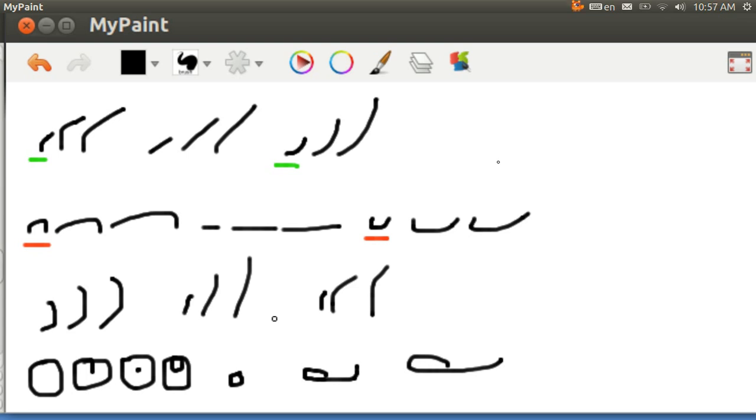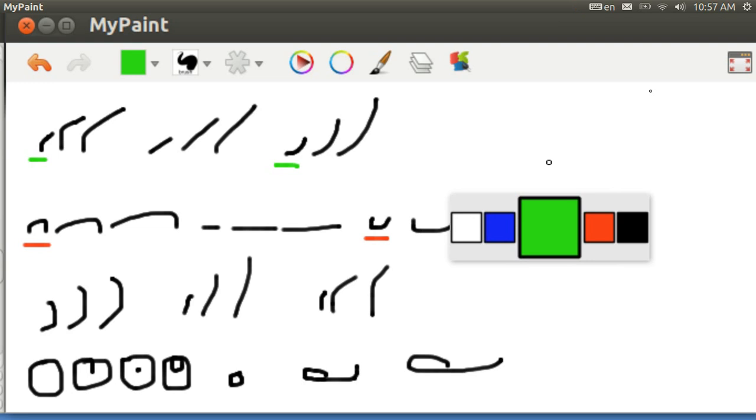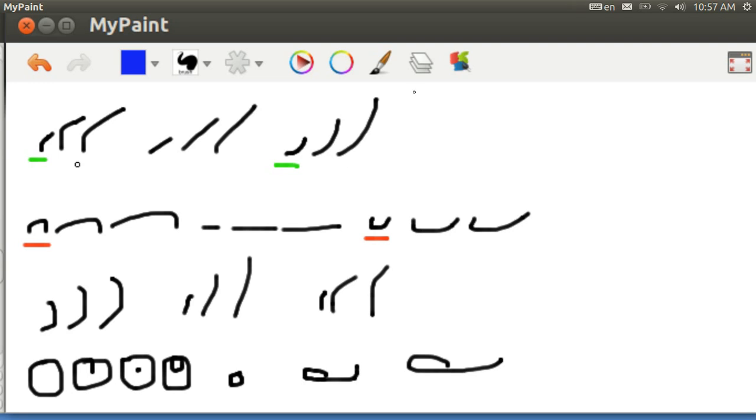Now, I'm going to show you the paired voiced and unvoiced consonants. Let me get a color. Let's go blue. Here we got P and B. Oh, I did it wrong. Sorry. I'm looking at them wrong. Forgive me.